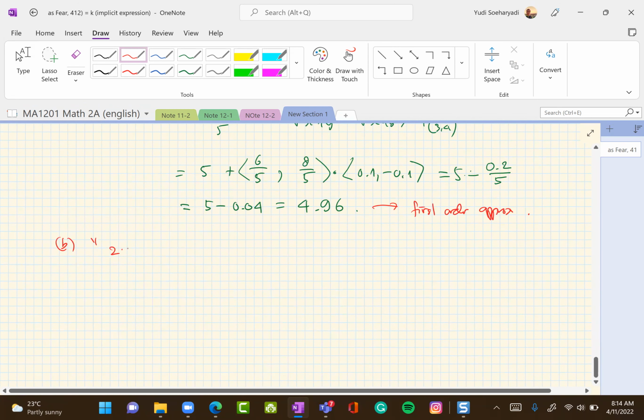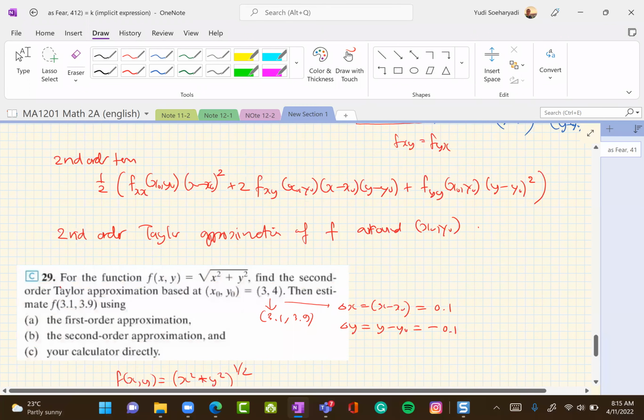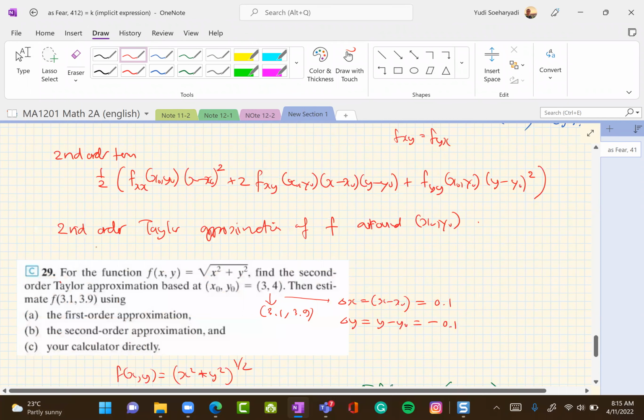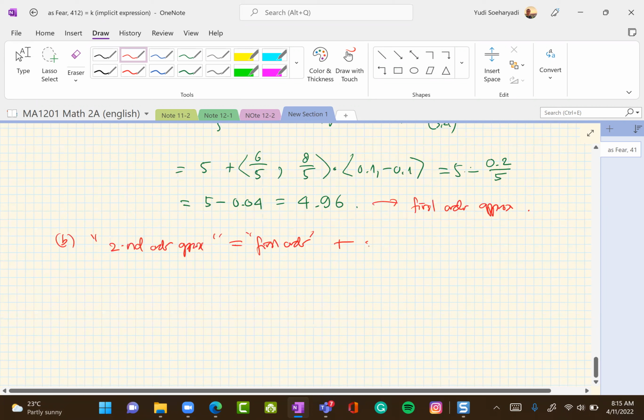So what we get is second order equals first order plus what we called from here, the second order term of Taylor. All right, so let's just compute this one here.